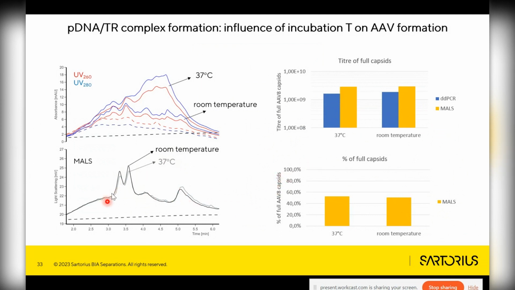In principle, no. We see a nice overlap on the MALS detector. UV is just not sensitive, it's not selective, too much background. We always do the orthogonal method with PCR, to see if the trend of the full with the multi-angle light scattering detector goes in the same direction as with the PCR.